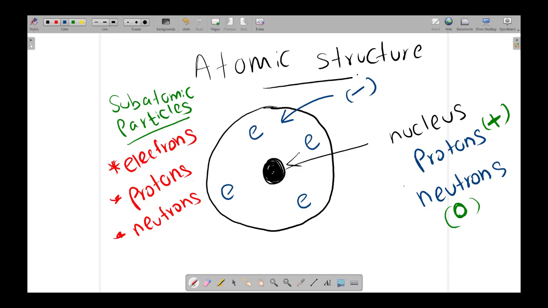As you all know, scientists develop different kinds of theories. Year by year they updated. They were doing so many researches. They started this atomic structure with J.J. Thomson's plum pudding structure.